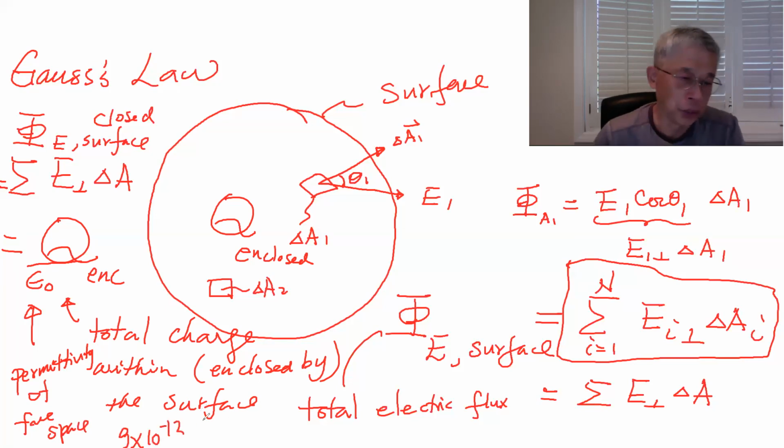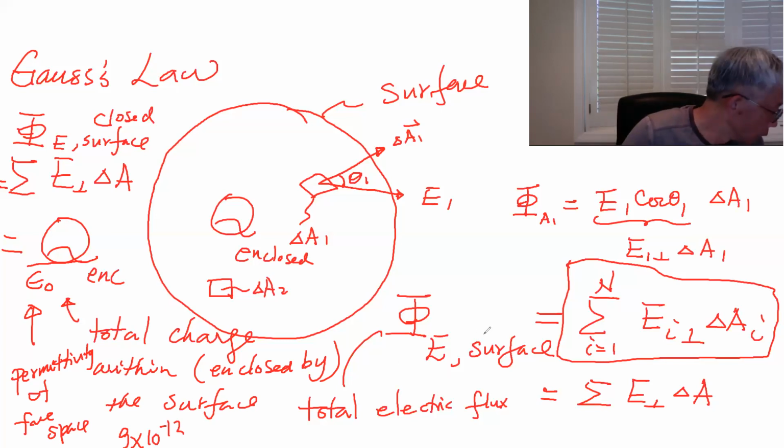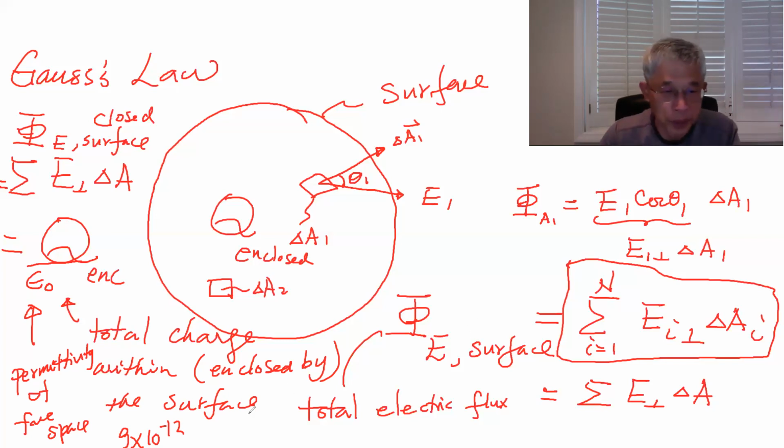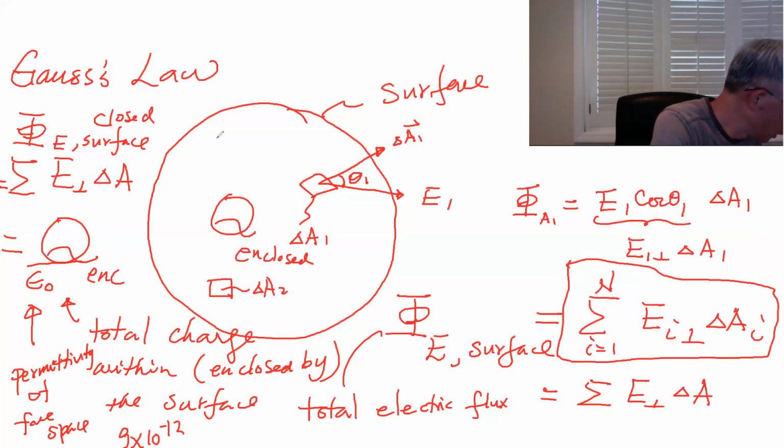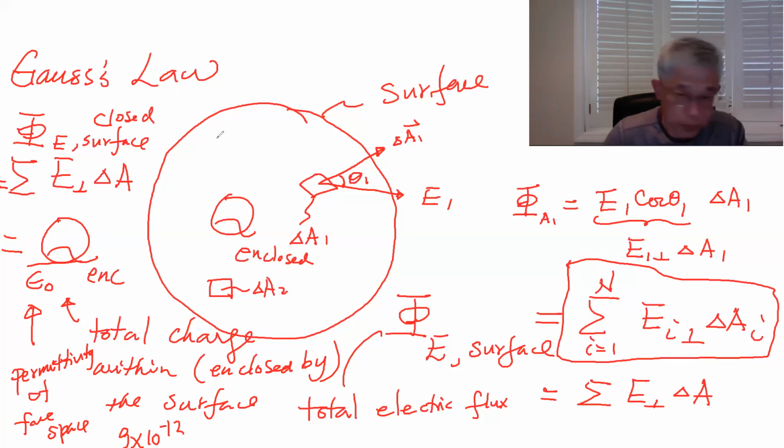The unit is C squared divided by Newton times meter squared.